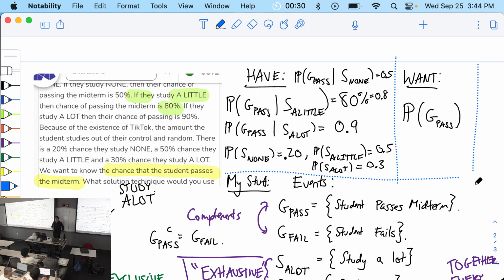Would it be, given the fact that we studied none, our chance of passing is 0.2? The 0.2 is here, which is there is a 20% chance they study none. So that's the probability of S none. The conditional probabilities are all in sentences that start with the word if. If the thing you're given happens, then the thing you're interested in has a certain chance.